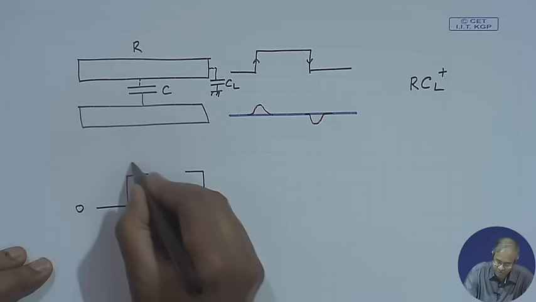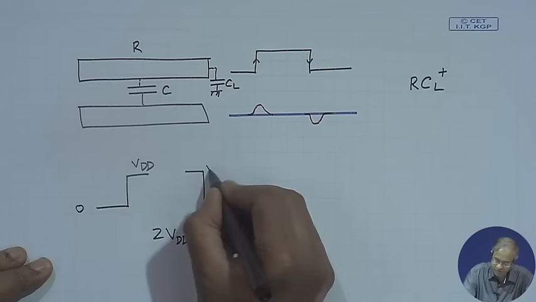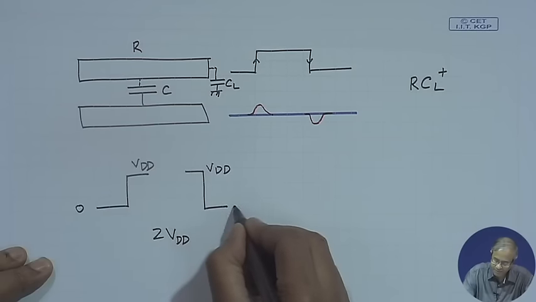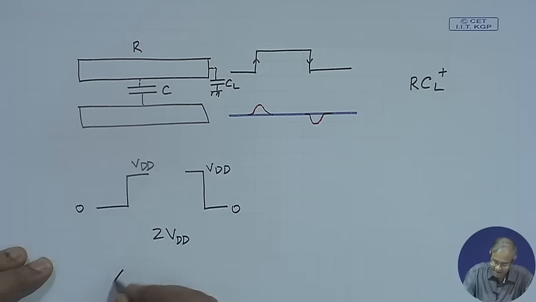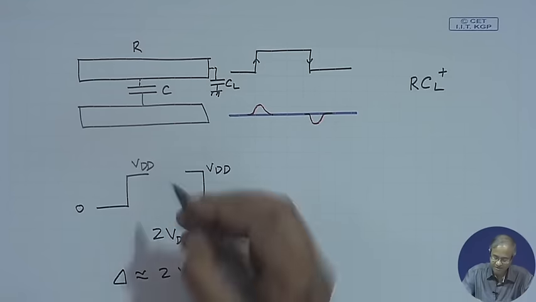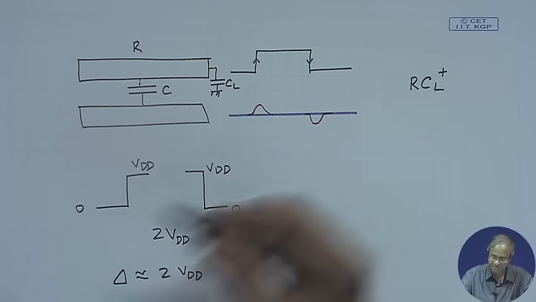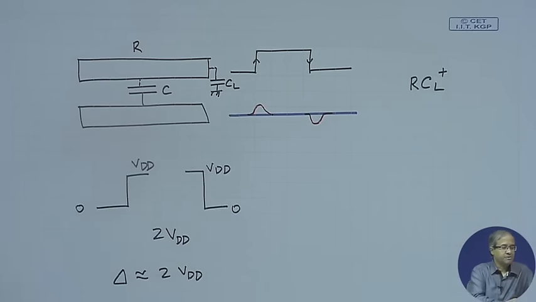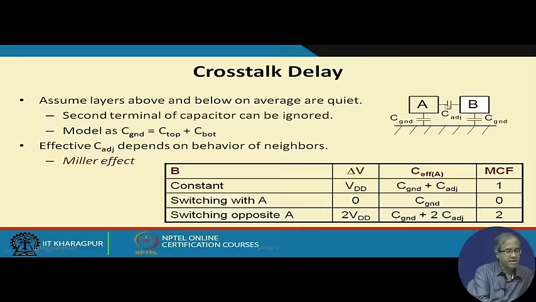This is going from 0 to VDD, this is going from VDD to 0, so the change can be 2 VDD, because this is changing plus VDD, this is changing minus VDD. So, here the effect of this adjacent capacitance will get doubled.